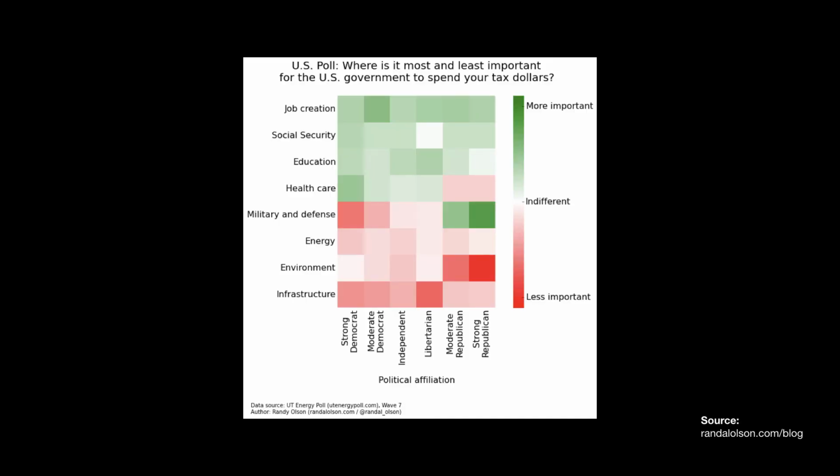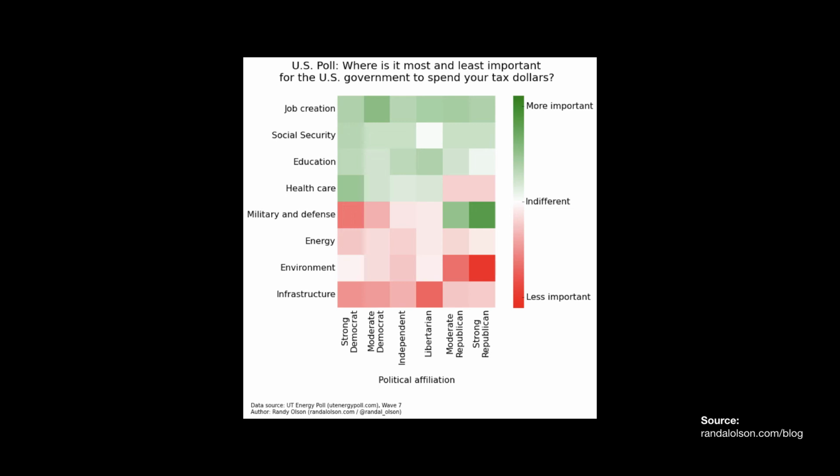Here we have heat maps comparing political views and their opinions on things. So you've got the various issues and whether people consider them more important or least important.